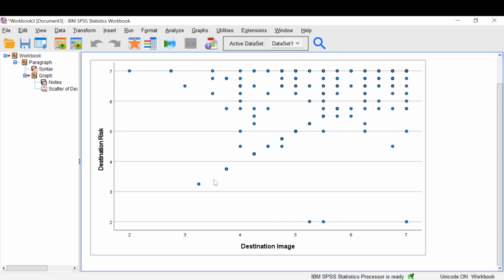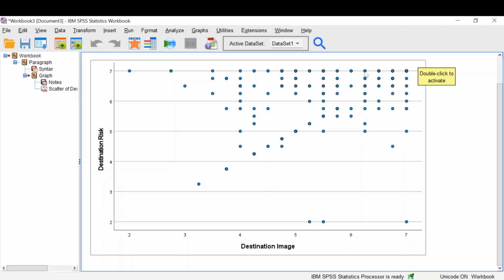If you look here, what you want to find is a trend from the bottom left to the top right. The closer these dots are to that line, the more likely that we see a correlation between the two. But again, we're not doing a regression yet. Right now we're just looking at the shape of these dots.